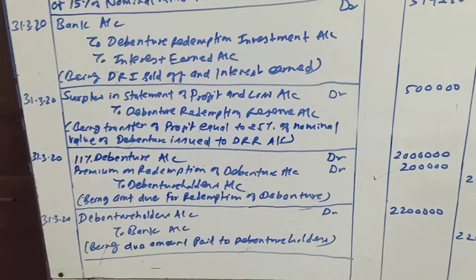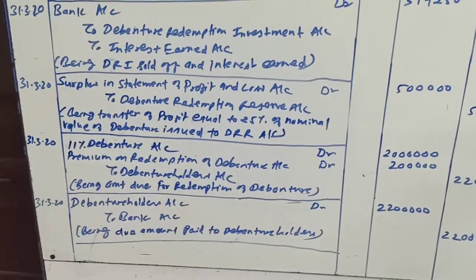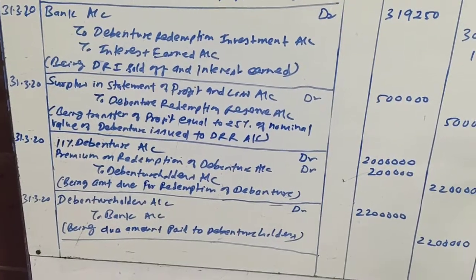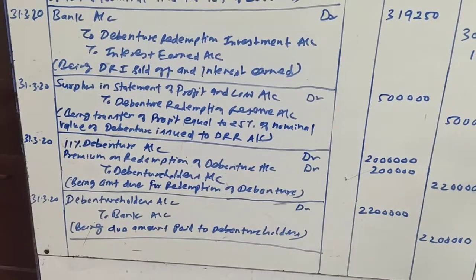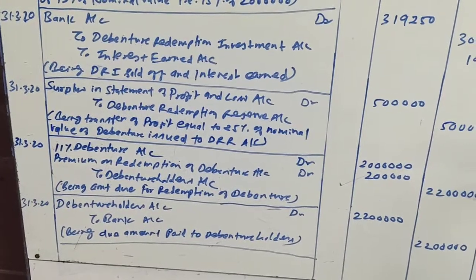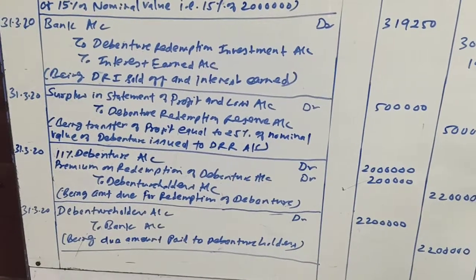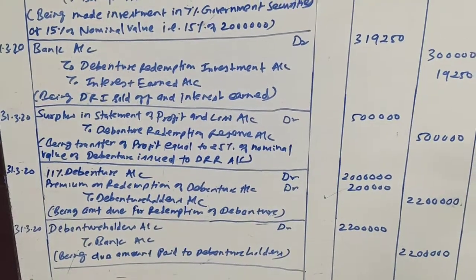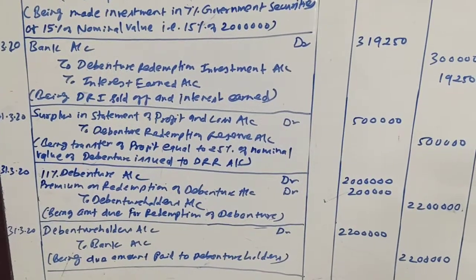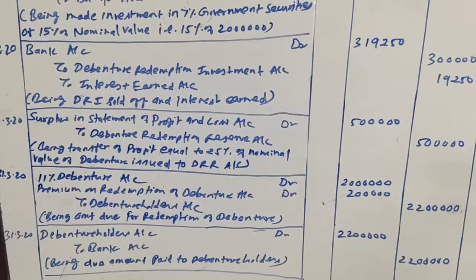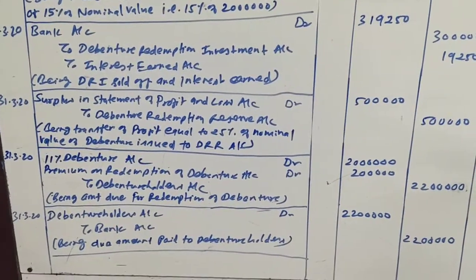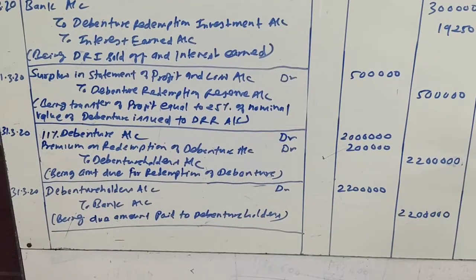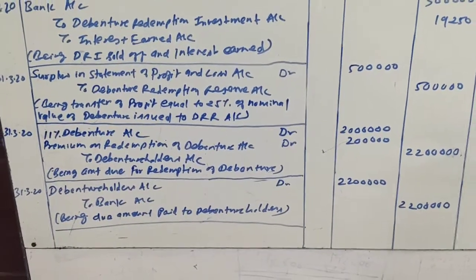So here it is: 11% debentures account debit, premium on redemption of debentures account debit, to debenture holders account, being amount due for redemption of debentures. This entry will be on 31st March 2020, that is on the day of redemption. So 22 lakh rupees will be credited to debenture holders account, and then finally payment will be made to debenture holders. So debenture holders account debit to bank account 22 lakh, being due amount paid to debenture holders.